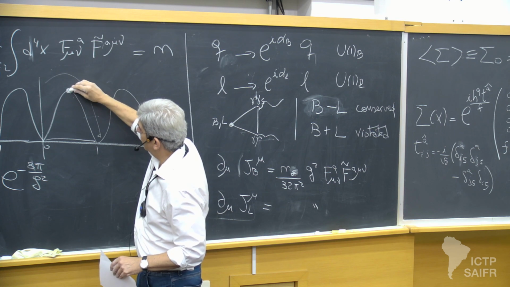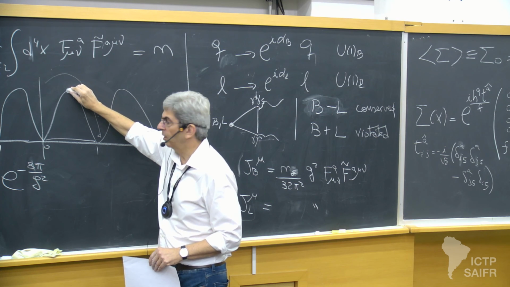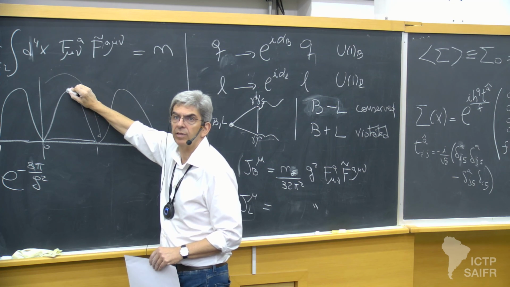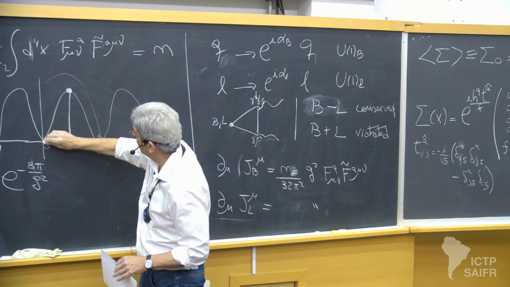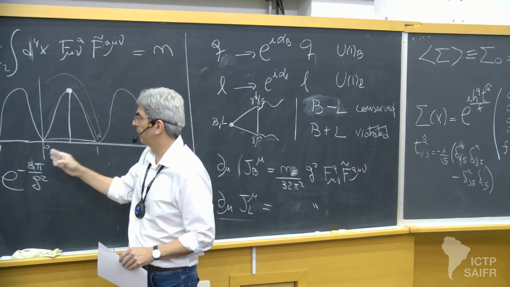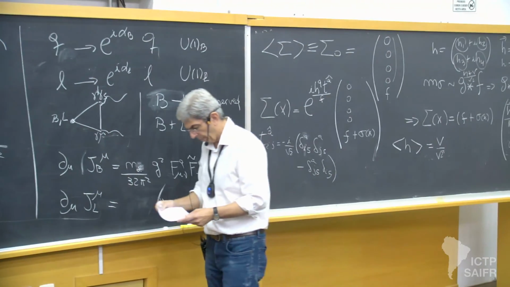There is an extremum here, which is not the vacuum, evidently, and this extremum is a classical solution of the equations of motion. It's called the sphaleron, and is the minimum energy you need in order to be able to violate this number, this index, which in the case of this anomaly is baryon number.